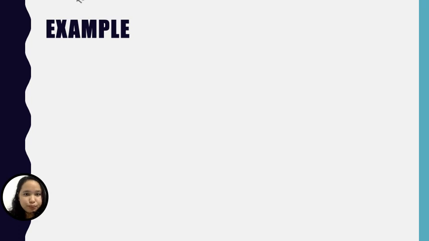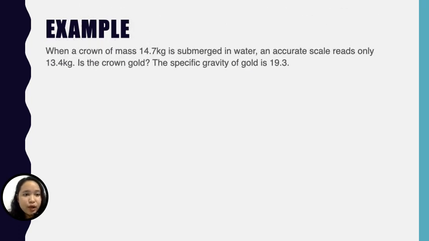Example number 2. When a crown of mass 14.7 kilograms is submerged in water, an accurate scale reads only 13.4 kilograms. So is the crown gold? The specific gravity of gold is 19.3. So this is how Archimedes solved this problem.